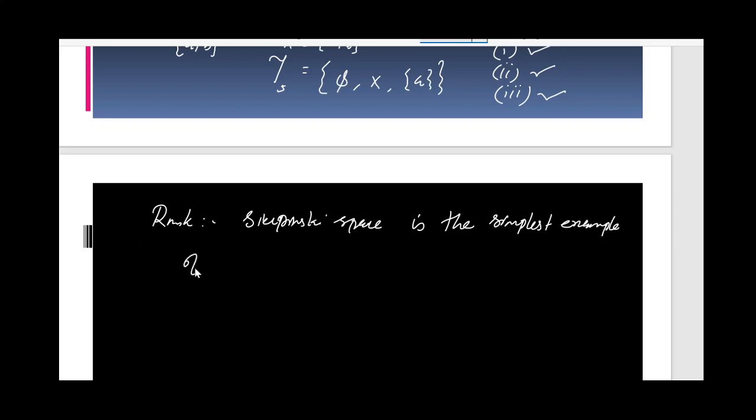So Sierpinski space is the simplest example of a topology not induced by a metric.